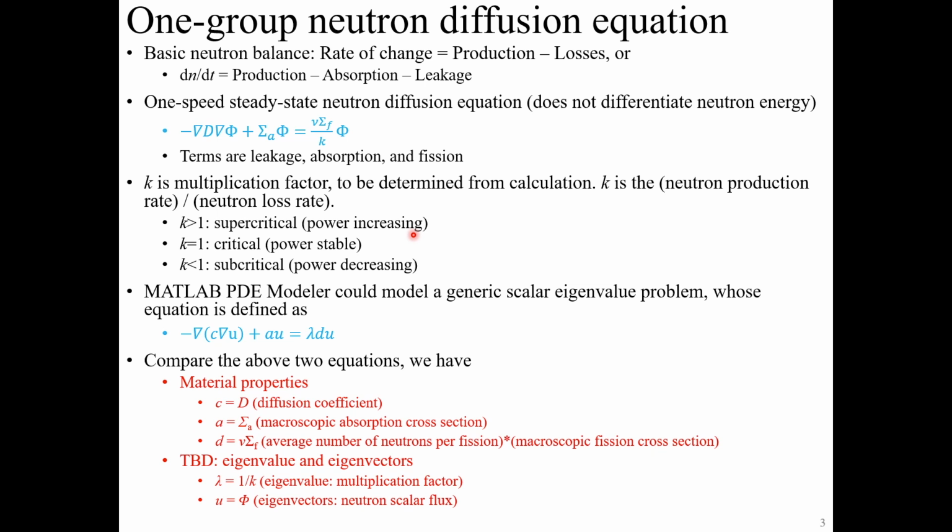And if the K is smaller than 1, we call this reactor subcritical, and the reactor power is going to decrease. If you do not fully understand the meaning of this neutron diffusion equation, that is fine. You can just treat this equation as a regular differential equation. Okay.